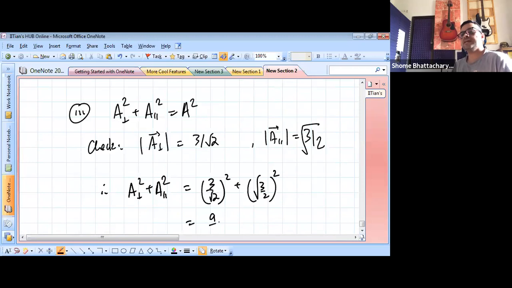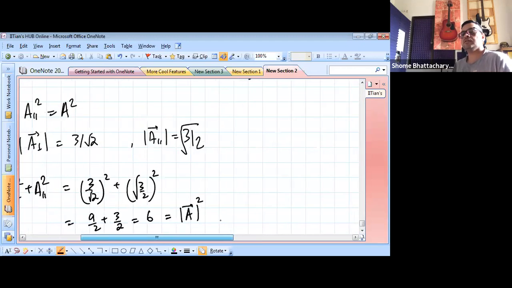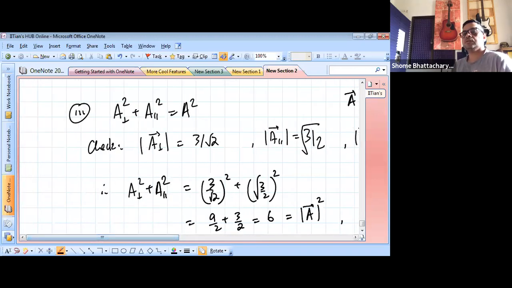So that is 9 by 2 plus 3 by 2. So that is 6, and that is equal to mod a square, because mod a we had seen earlier was root 6, because a was 2 i cap plus j cap minus k cap. So this also works out. Okay, so this also checks out, that is correct.